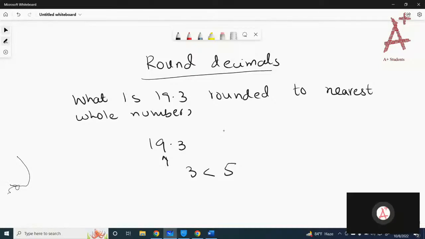Remove all the digits to the right of the place, and round down means it stays on the same digit, that is 19. Got it? So when you round the decimal 19.3, it would be rounded off to 19. Got it? Yes, very good. Okay, let's do another example.